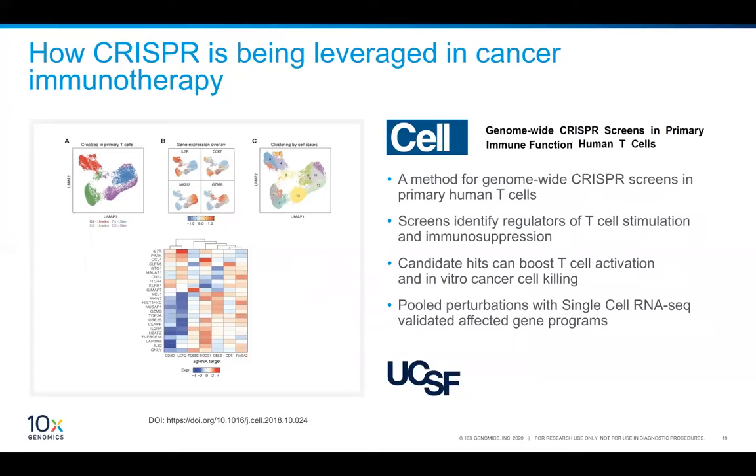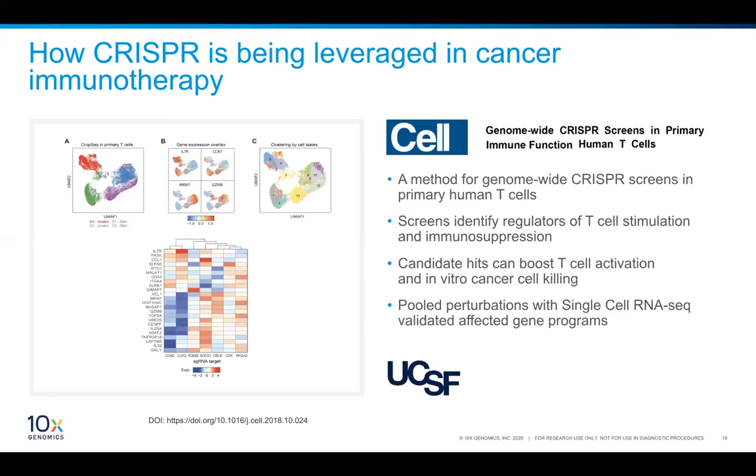Now, while the deletions of the canonical checkpoint genes encoding PD-1 may enhance T cell responses to some cancers, an expanded set of targets would offer additional therapeutic opportunities. For example, to enhance T cell proliferation and productive effector responses upon stimulation.